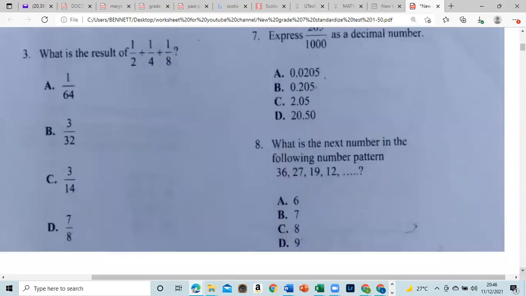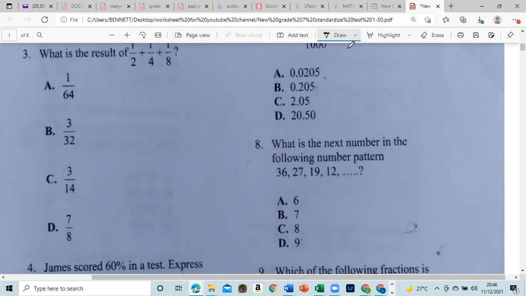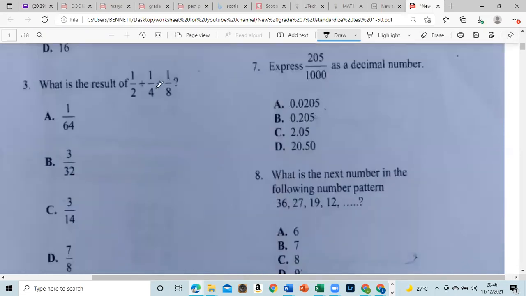All right, it says, what is the result of a half plus a quarter plus 1/8? Now, guys, when we are adding or subtracting fractions, we must bring them to a common denominator. What we mean is that we must find a number that all 3 of these numbers, 2, 4, and 8, can go into without a remainder.